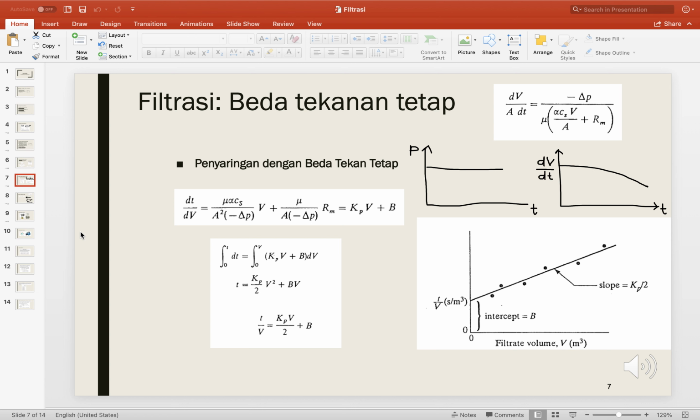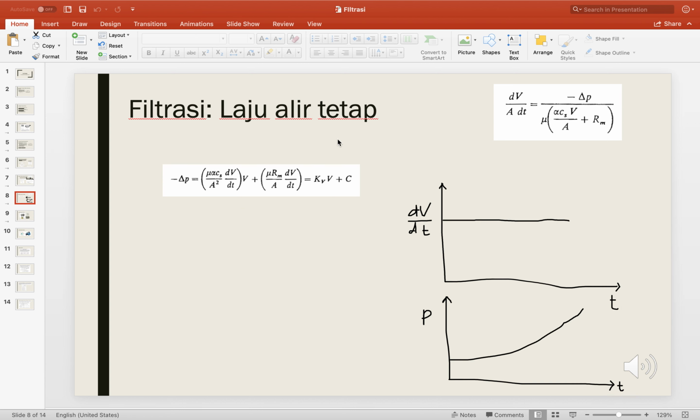Okay, the second operation is the filtration when you have a constant flow. What we mean by constant flow here is the constant flow of the filtrate. Regardless of the solid amount on top of the filter, you always want to have a constant filtrate rate.